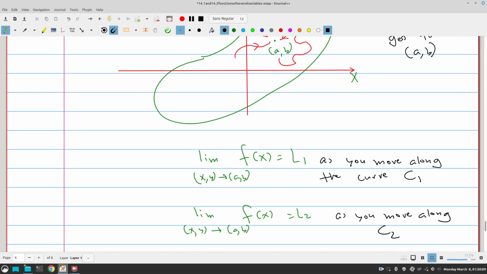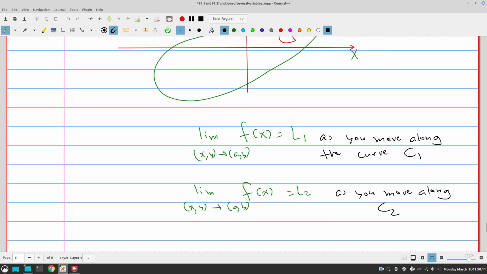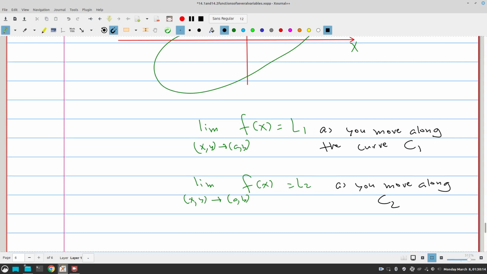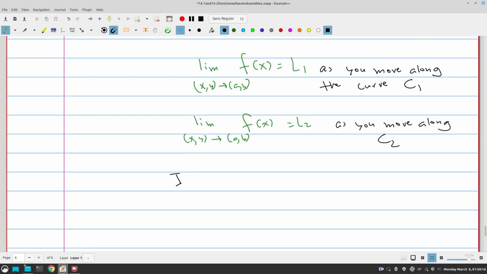and if L1 is not equal to L2, then the limit as x, y goes to A, B of f of x, y does not exist.